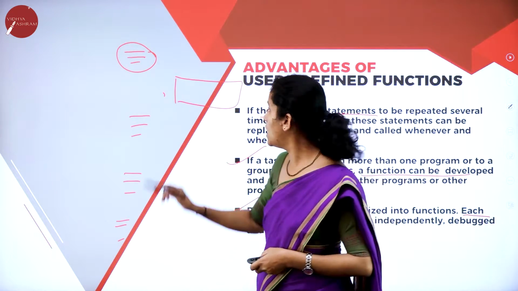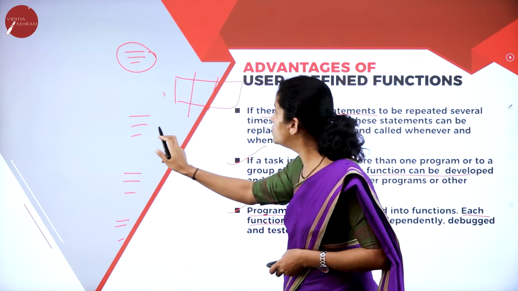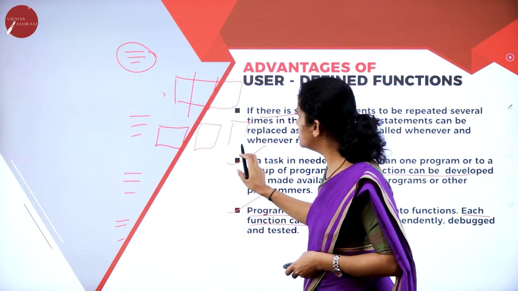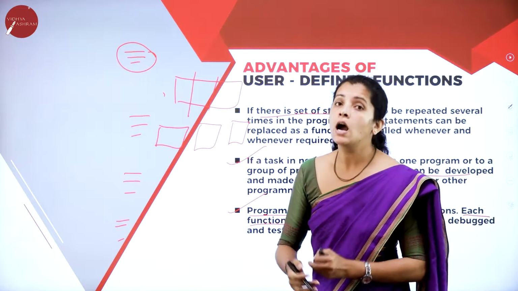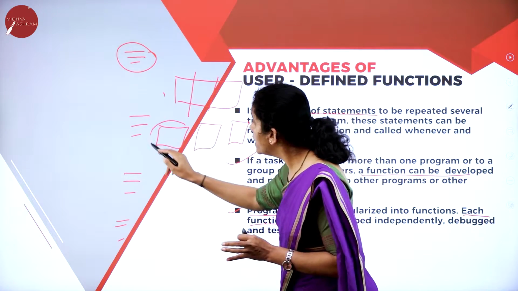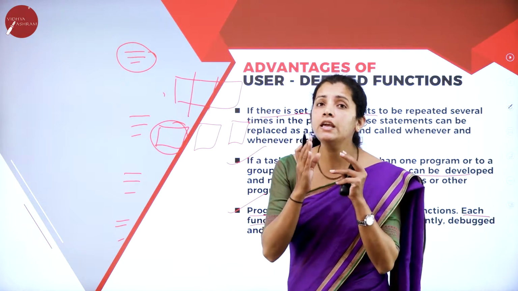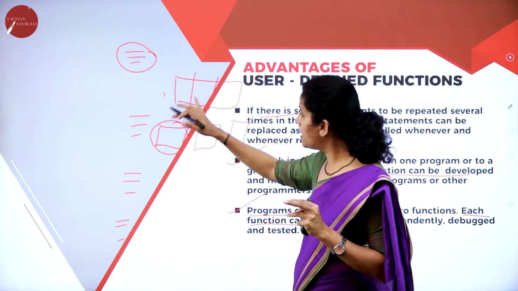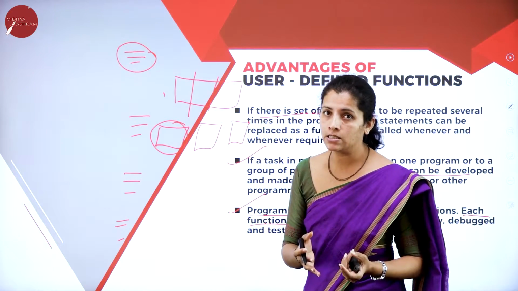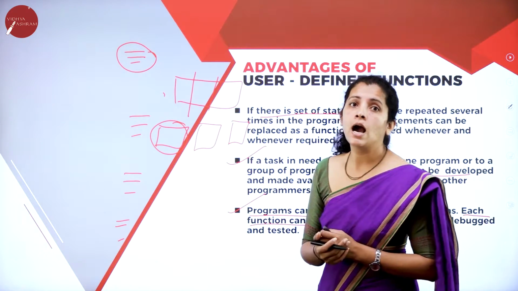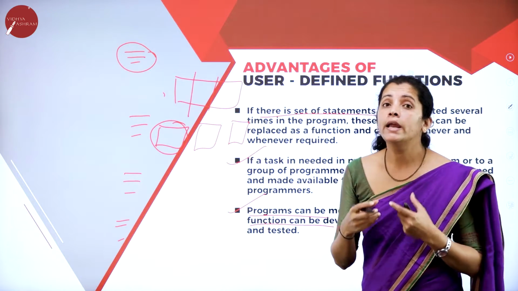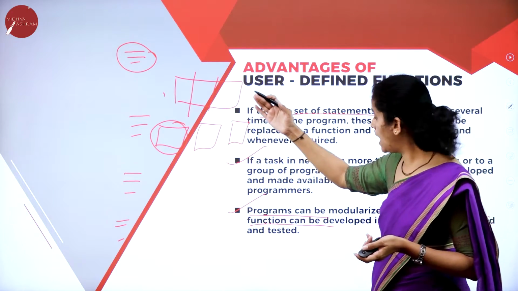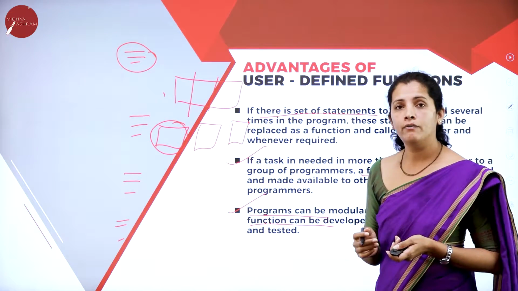What I will do is divide this problem into 3 subprograms or 3 functions. Now I'm going to develop the code individually. For each module, I'm going to write the code, compile, and test. I'm going to debug the function as well as test the function.